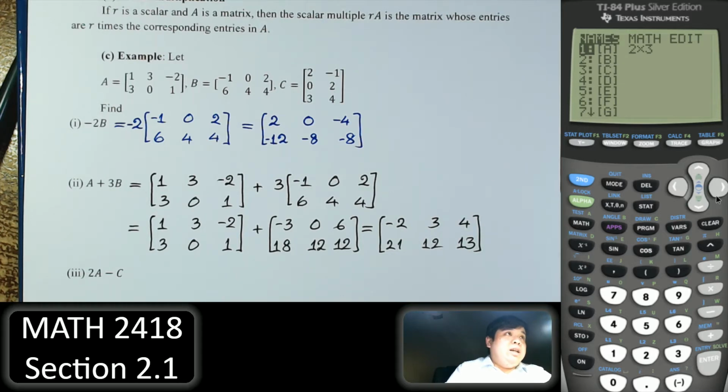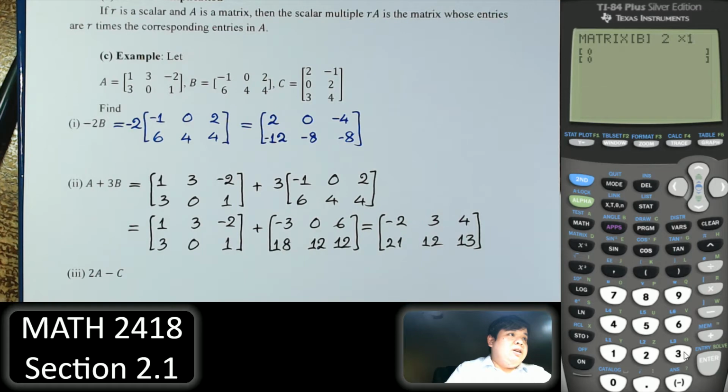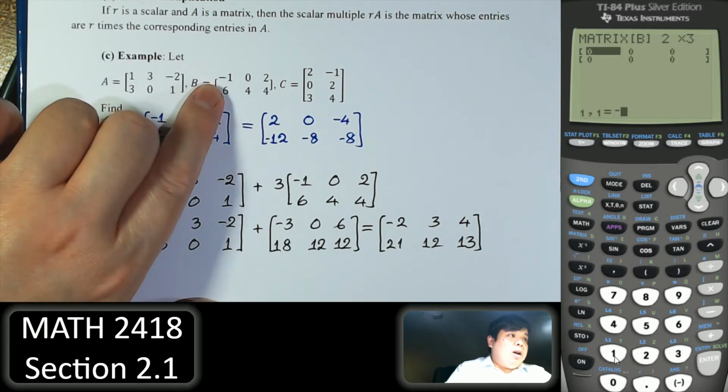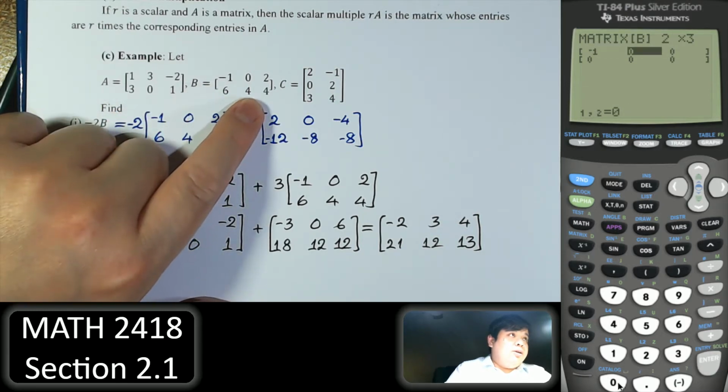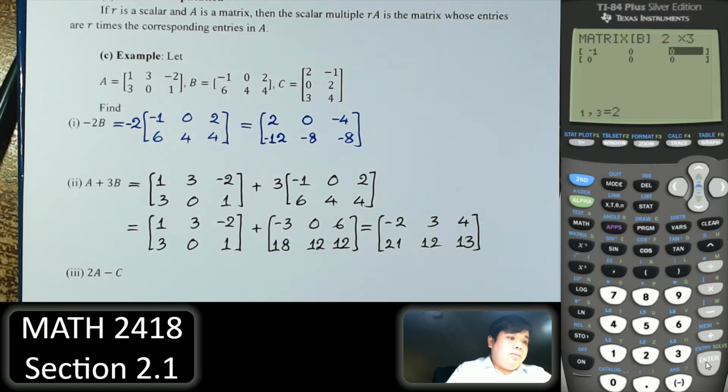Now just go to B. You have to edit and go down to B and enter the matrix B, also 2 by 3. We have negative 1, 0, 2, 6, 4, and 4. Once we're done, second mode, quit.